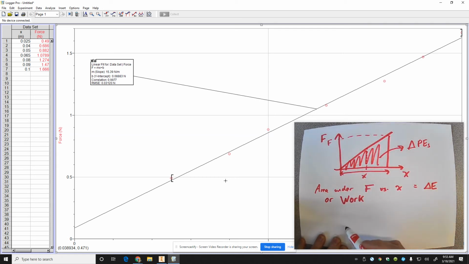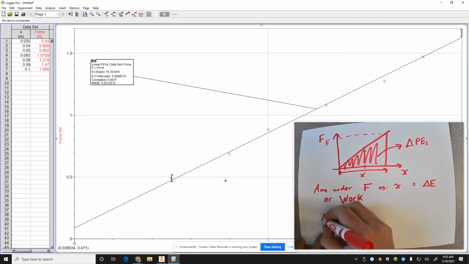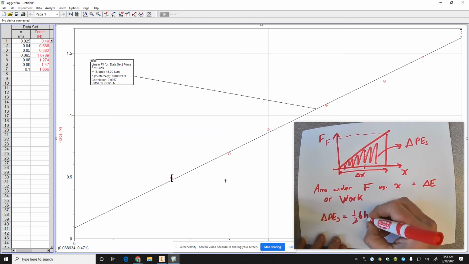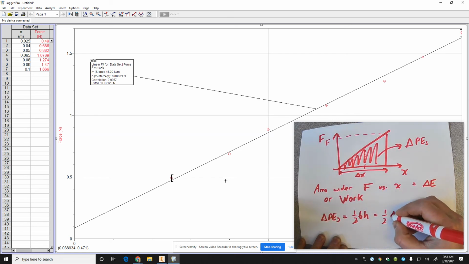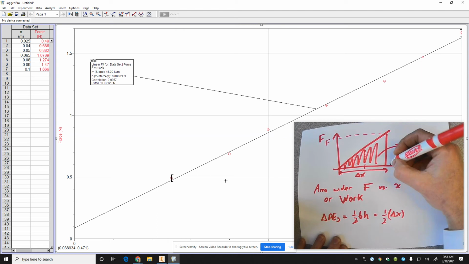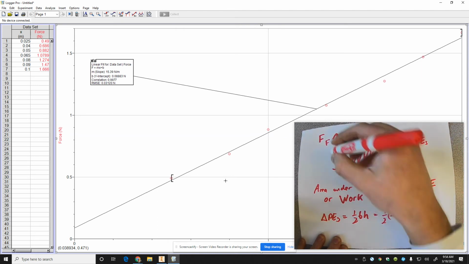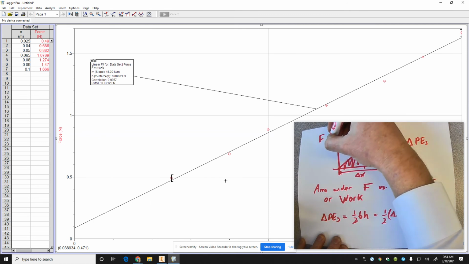So the amount of energy stored in the spring, the change in potential energy of the spring, you can call that delta x here if you want, is equal to 1/2 base times height, which is 1/2 of the base, which is delta x. The height of this triangle is whatever force it takes to hold it in place. I'm going to call this Fs.